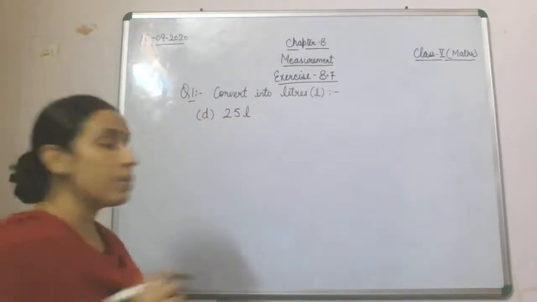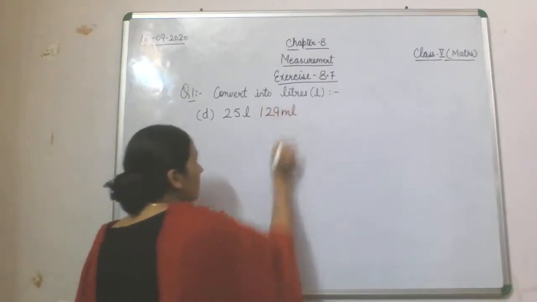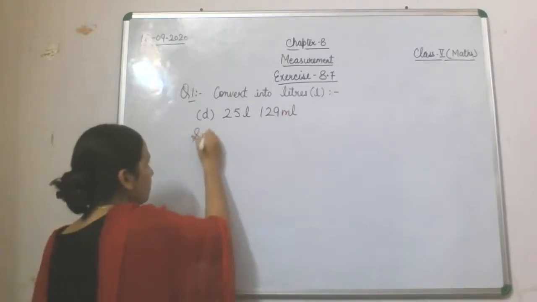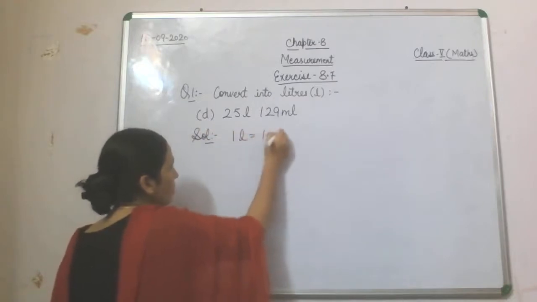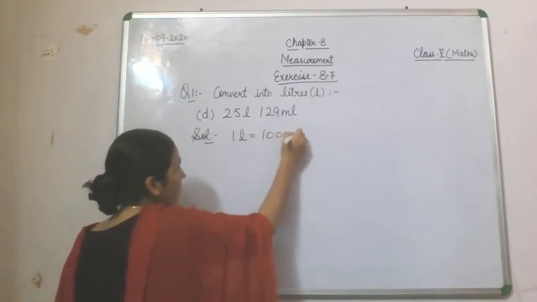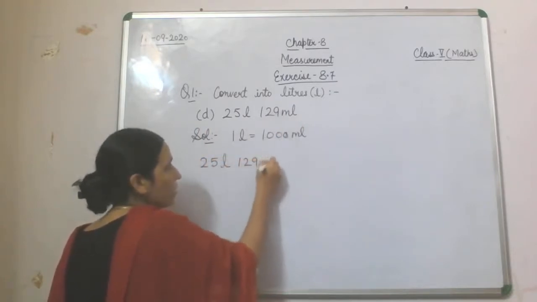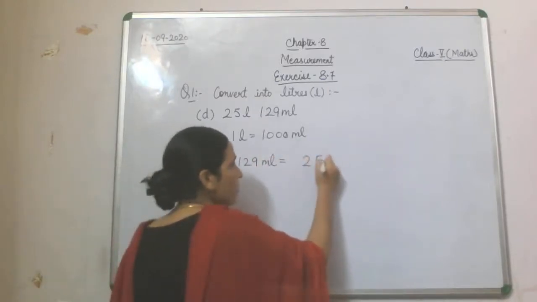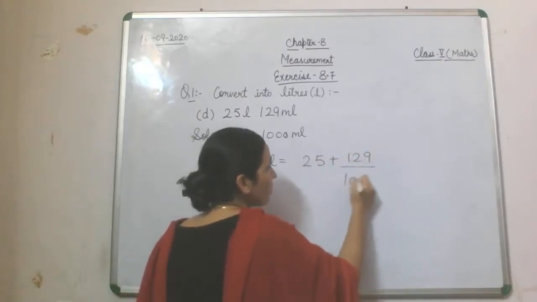The only part which is in milliliter, that is 129 milliliter, you are going to convert. So how will we convert it? See, 1 liter is equal to 1000 milliliter. So in this question, 25 liter 129 milliliter, we'll write this 25 as it is plus 129 divided by 1000.